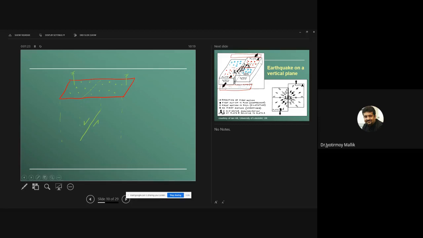The compressional first motion we are denoting with a solid circle, and the dilational first motions we are denoting with a hollow circle.